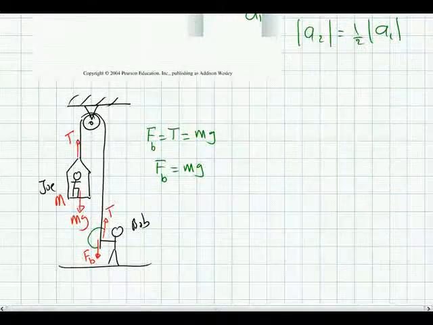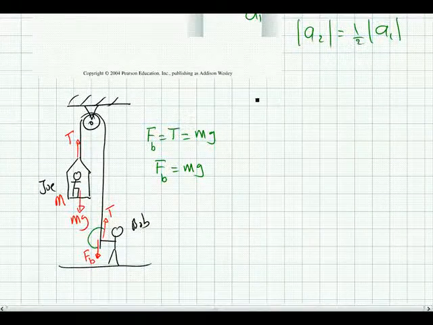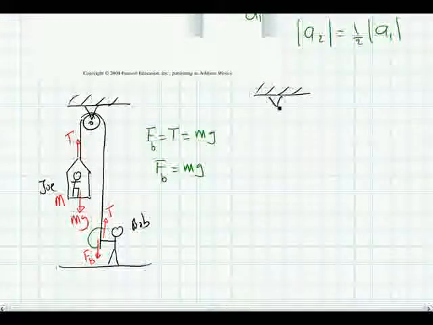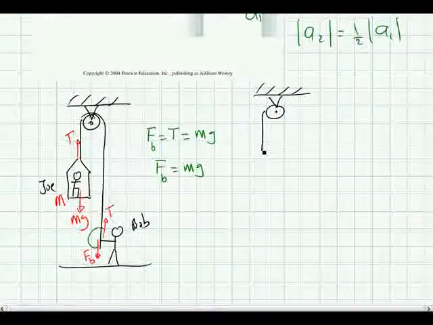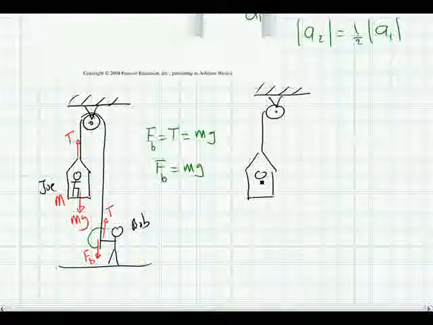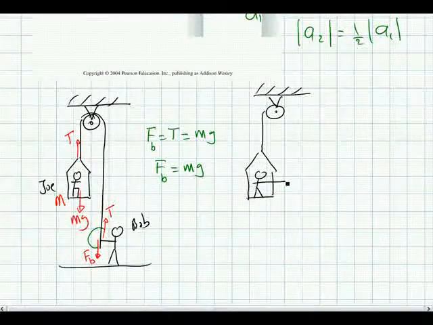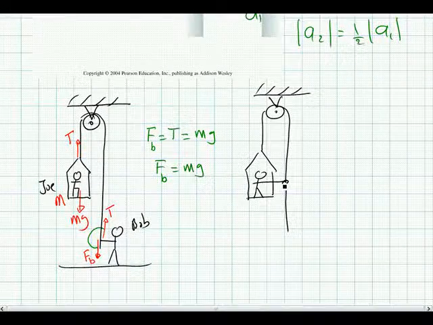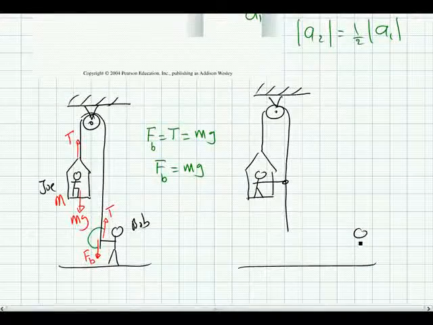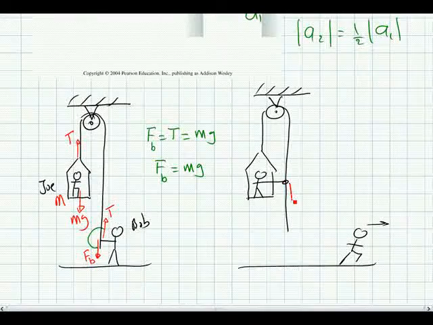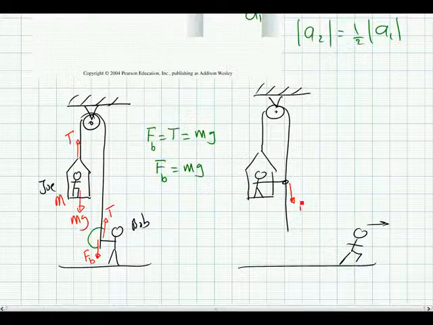Now, after a while, Bob gets tired and Bob says, Joe, you hang on to the rope yourself. I'm going to go have lunch. So we have Joe here rather desperately hanging literally for his life, and here we have his best friend or ex-best friend Bob walking away, and now Joe is applying a force onto the rope.